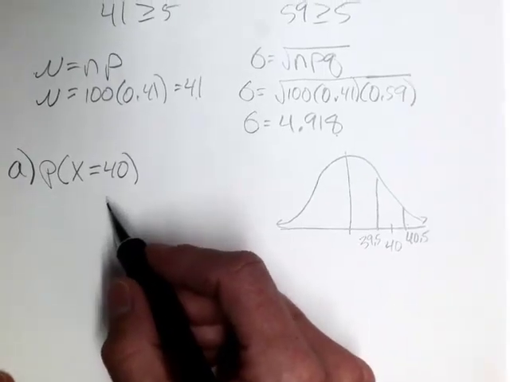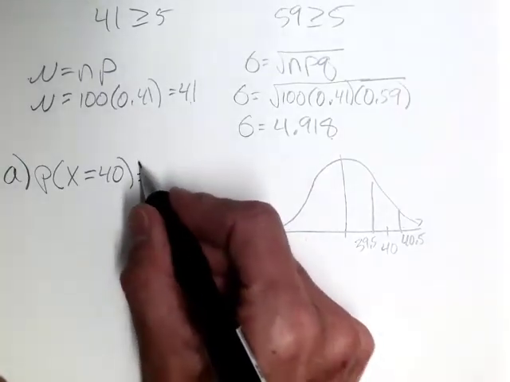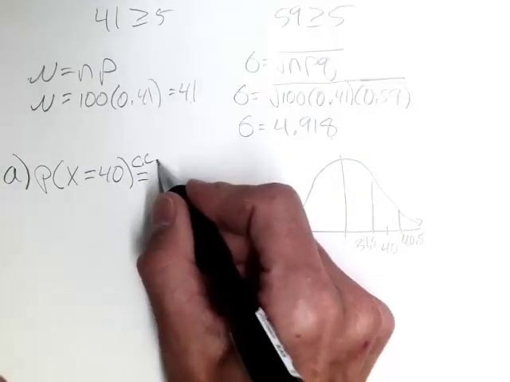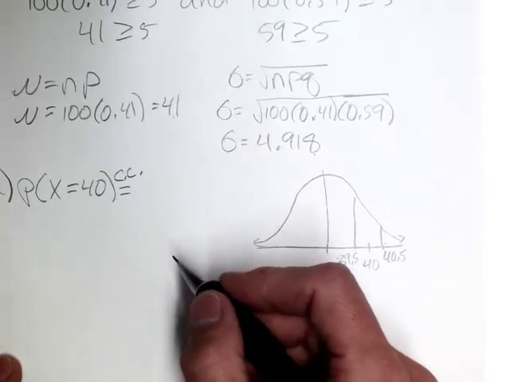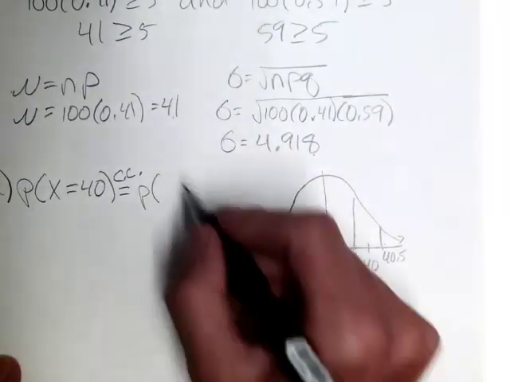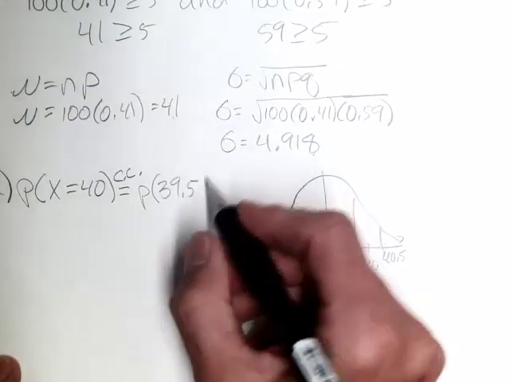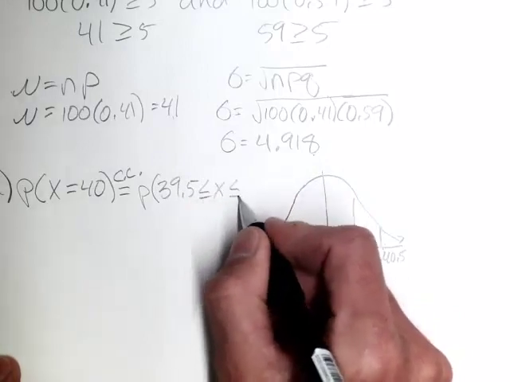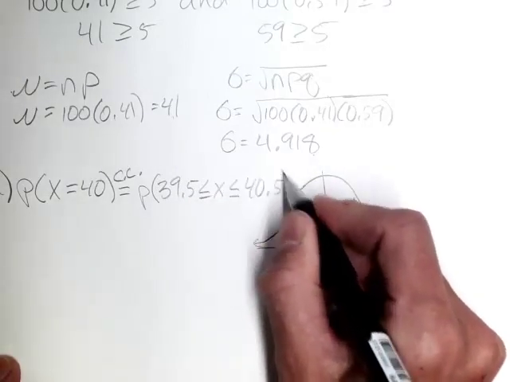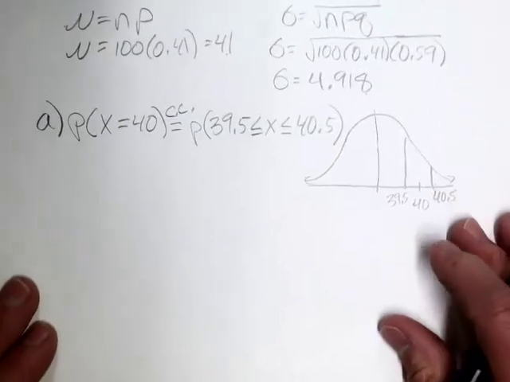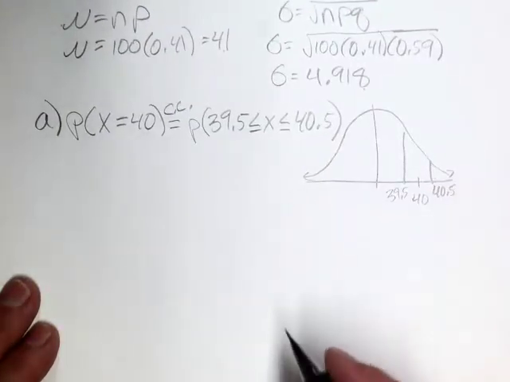So using the continuity correction, that's going to be equal to the probability X falls between 39.5 and 40.5.